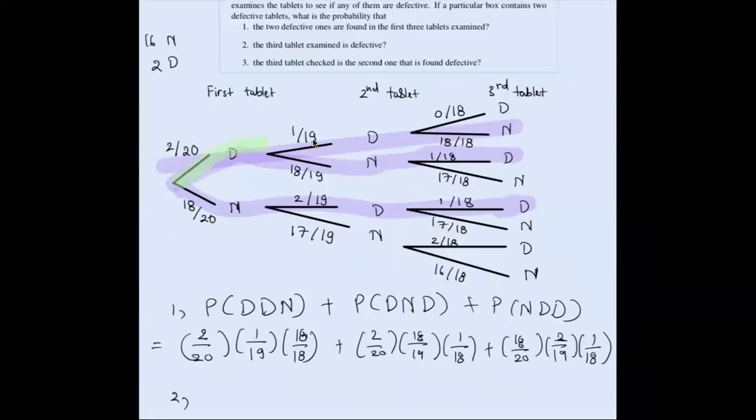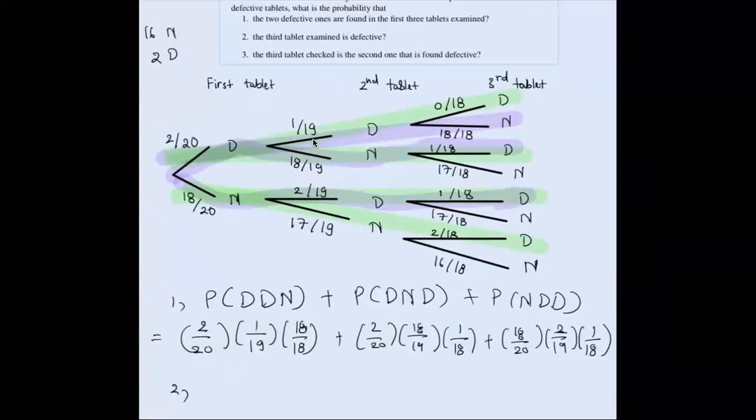So you will see that there is a first way so that the third tablet is defective. There is a second way, third way, and fourth way. If you add everything together, it will be the probability that the third tablet is defective.